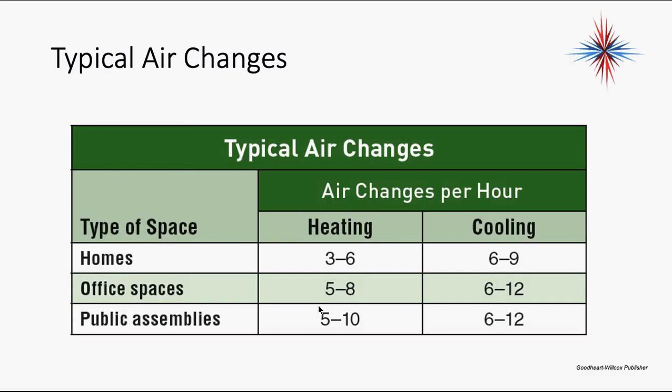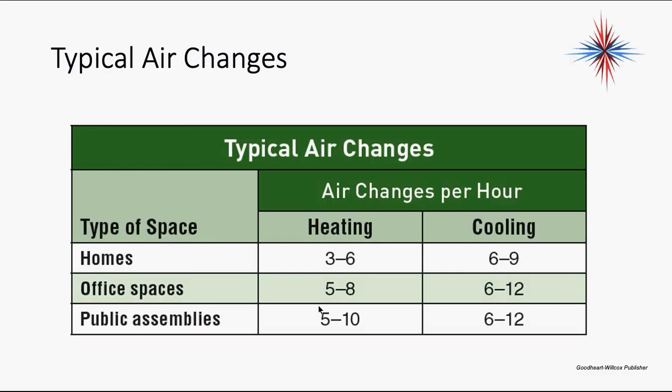In office spaces, we want to exchange air with the outside 5 to 8 times an hour. In cooling, we want to exchange between 6 and 12 times an hour in office spaces.